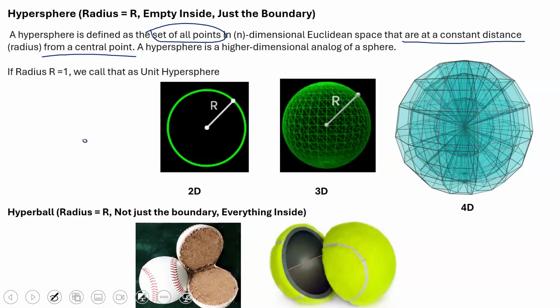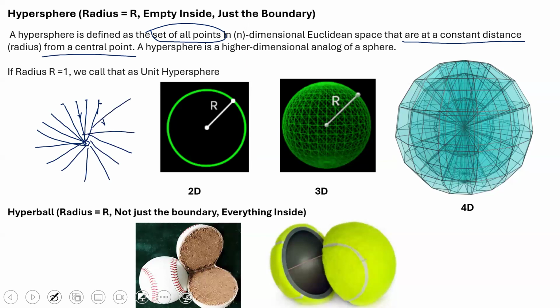Let's suppose you take this point as the center point, and all the points which are at equal distances, at a distance R, form a sphere or hypersphere or whatever it is. So look at this, this is all forming a circle, right?